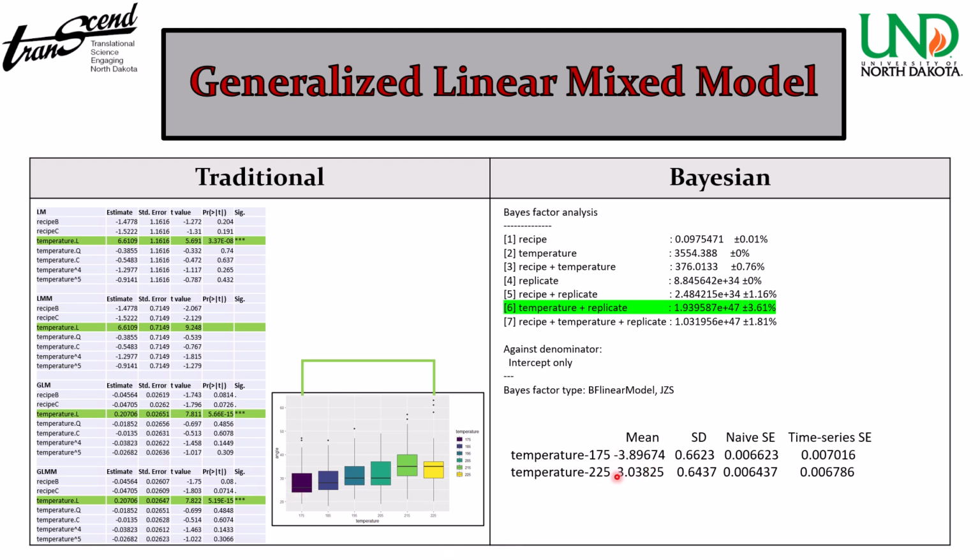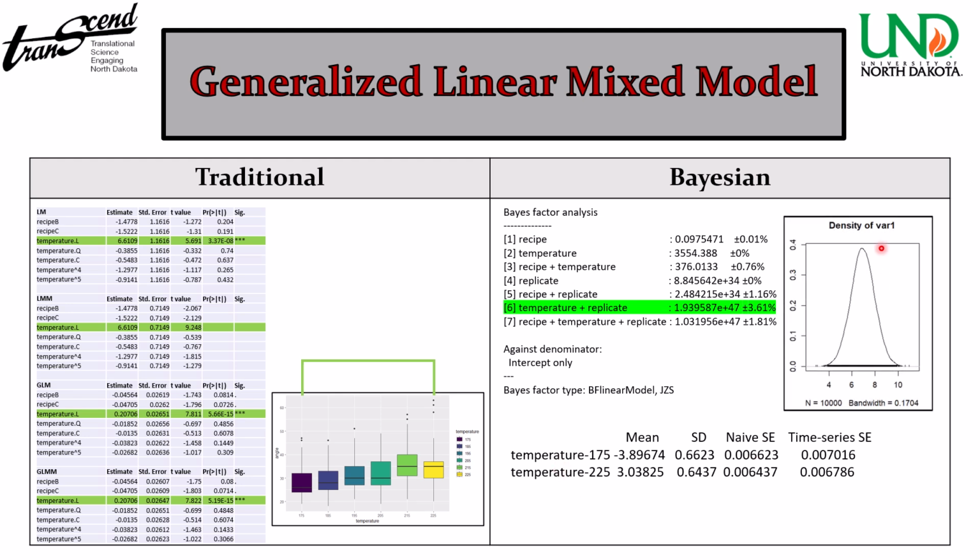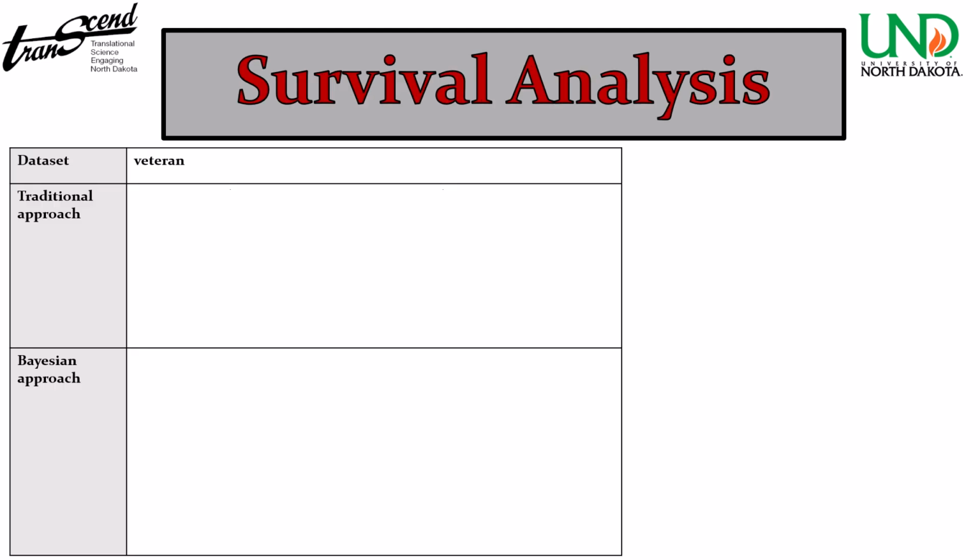So there's a difference of about 6, a difference between the lowest and highest temperature. And then you can plot things like that. So there's, again, a difference of about 7 between negative 3.9 and 3.0.